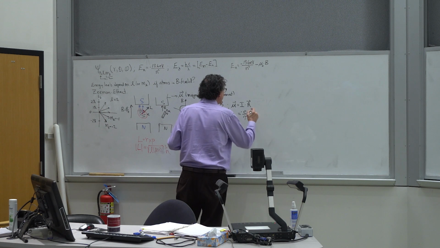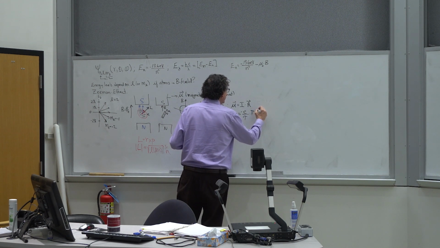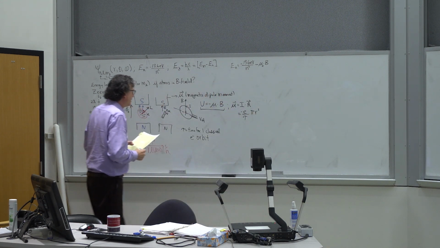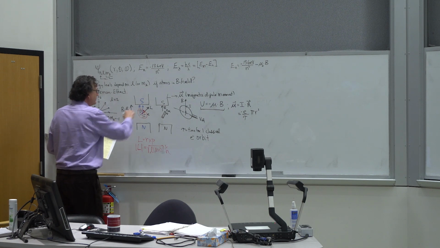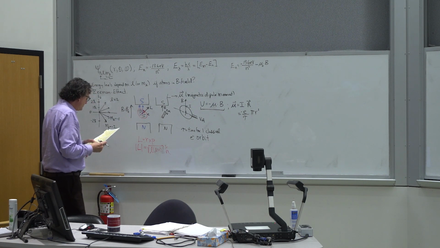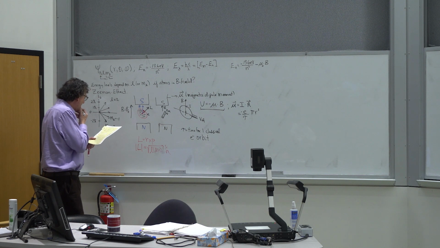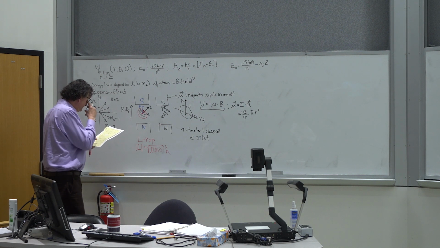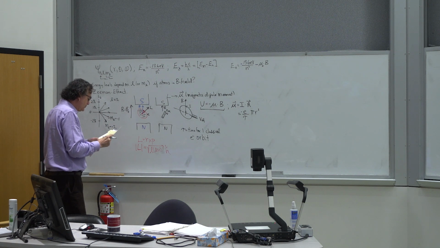So we take pi r squared as being the area of the electron orbit. So current times the area gives us the magnetic dipole moment, and so now what I need to do is one more simplification.